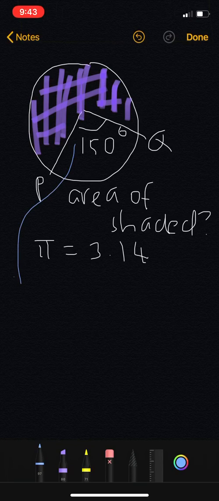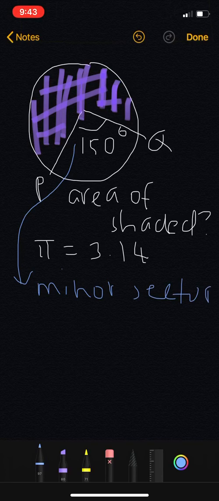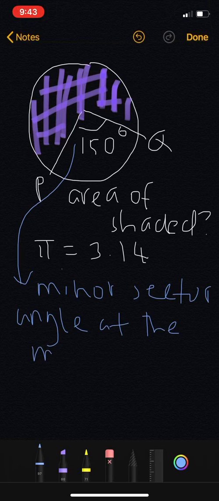This angle is the minor sector part. Now we are going to find the area for the major sector. So for the major sector, we need to use the angle at the major sector part.